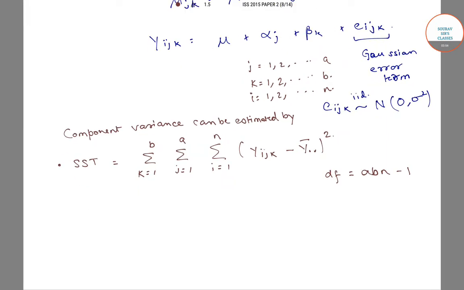Next is SSR, or sum of squares due to residual.